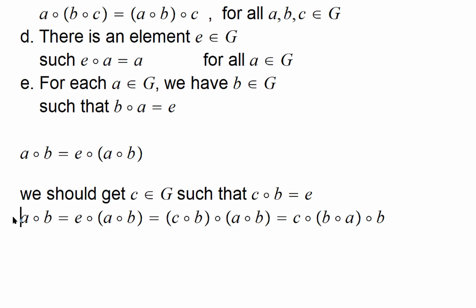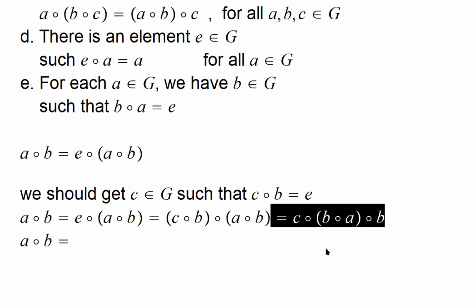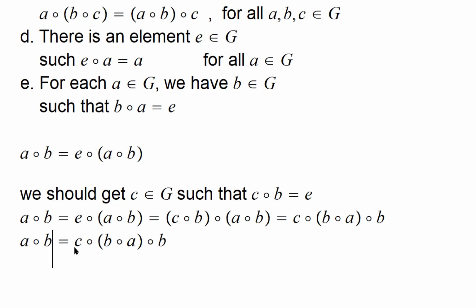So our A∘B, which we showed as this quantity, has this part which we already know is E. So we have C times E times B. Now E is the left identity, so EB will be B. So this is C times B, and we know that C times B is E. So AB also becomes E. What did we show?